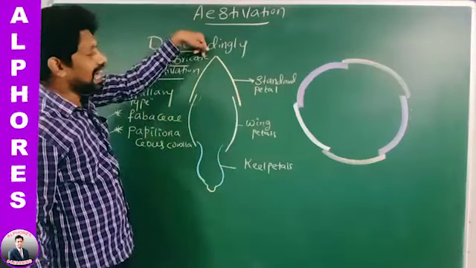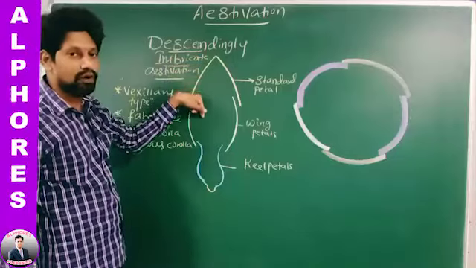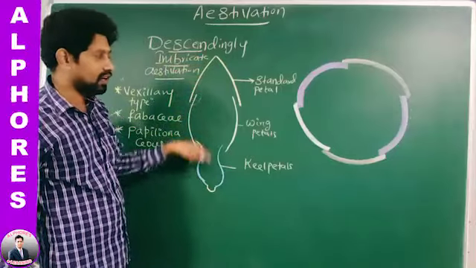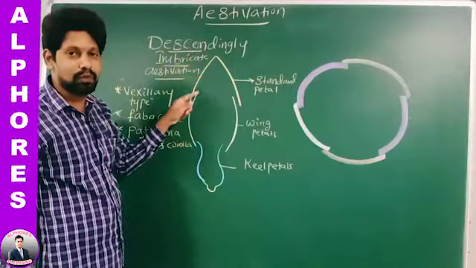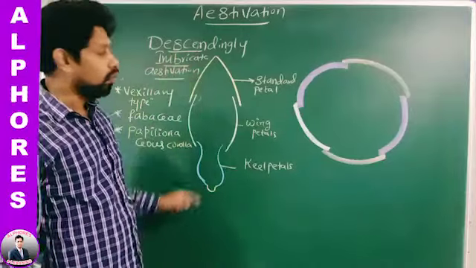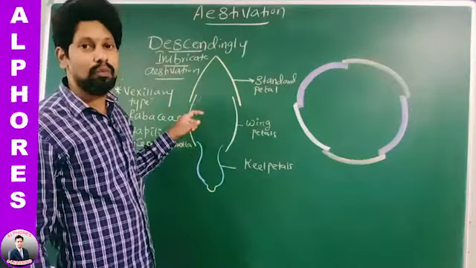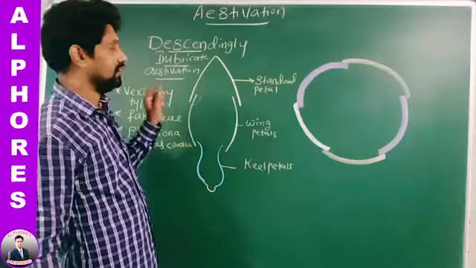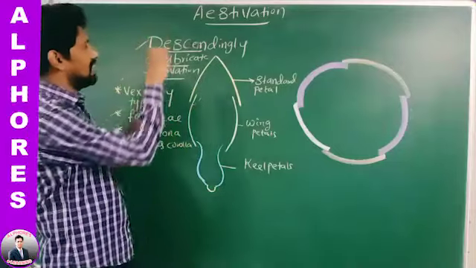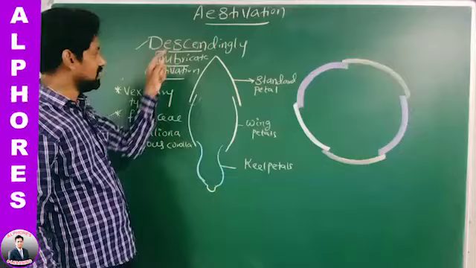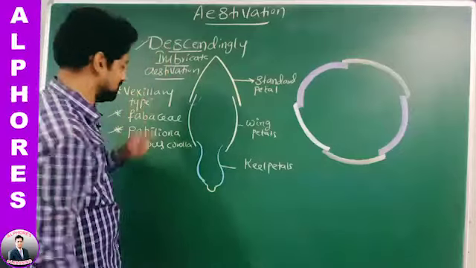It means overlapping of petals is proceeding from posterior to anterior. This estivation is called descendingly imbricate estivation or vexillary type of estivation.